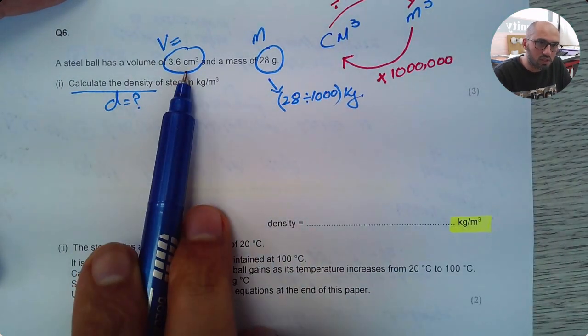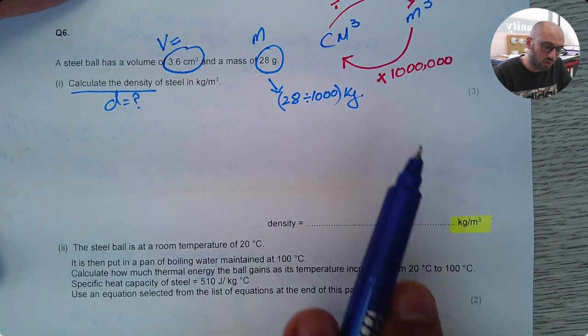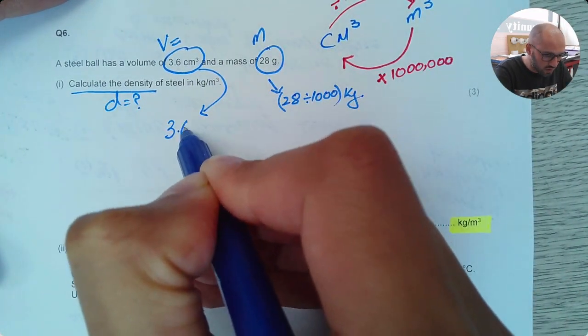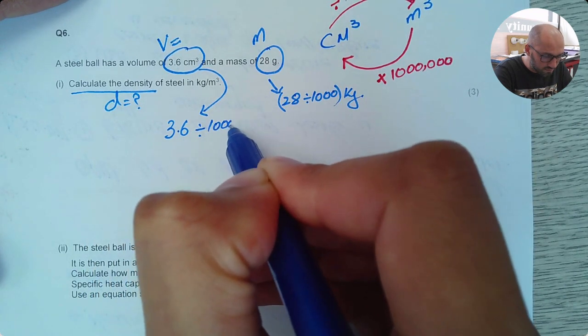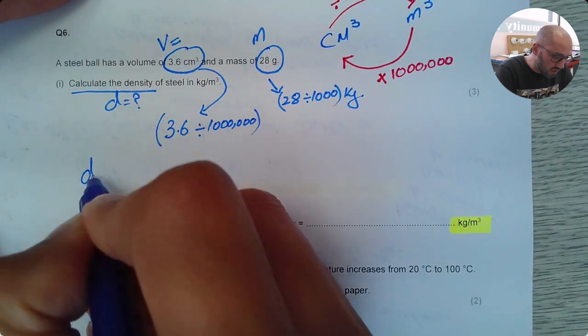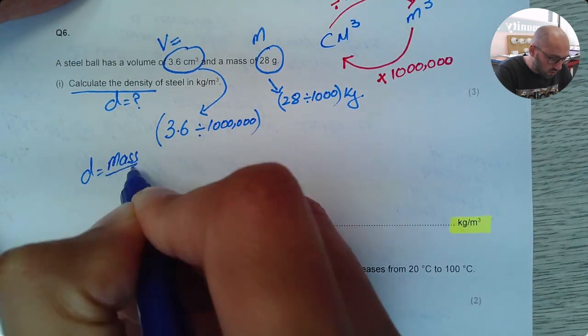Similarly, I have to convert centimeter cube into meter cube. So I showed it to you here. I'll have to divide 3.6 by 1,000,000, and that's my answer. Density equals mass over volume.